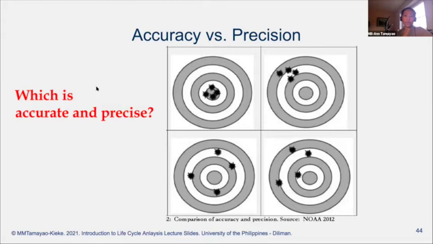This one, the top left, is a representation of accuracy. Ay yung nasa top right, more on precision, di ba? Hindi siya masyadong accurate pero mukhang precise siya, etc. And then itong nasa lower, hindi sila accurate and hindi sila precise.